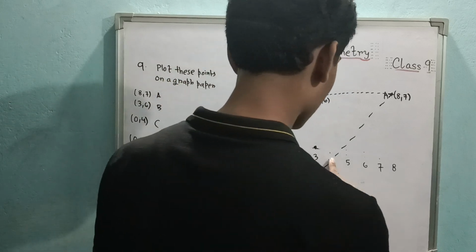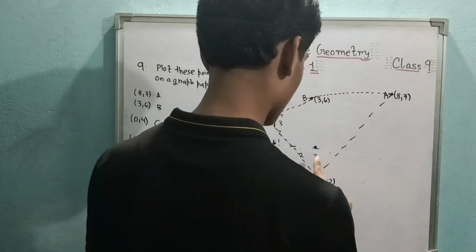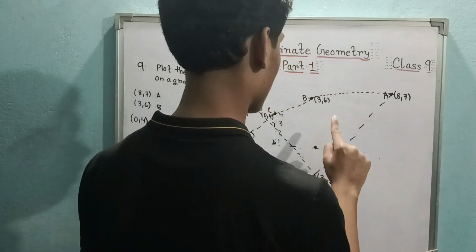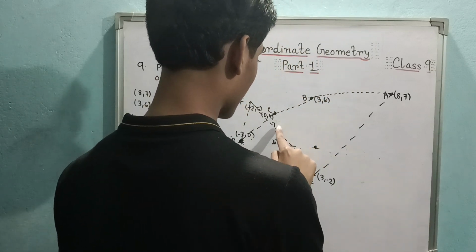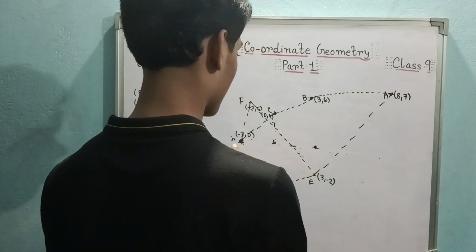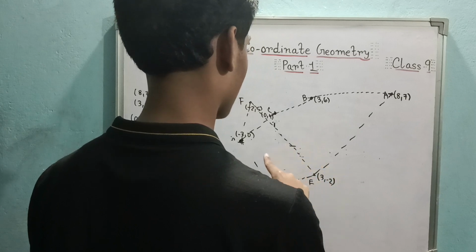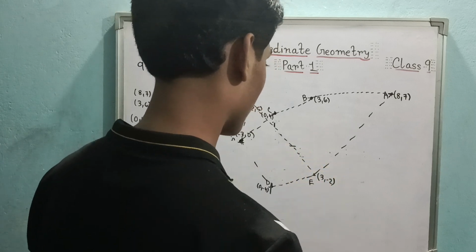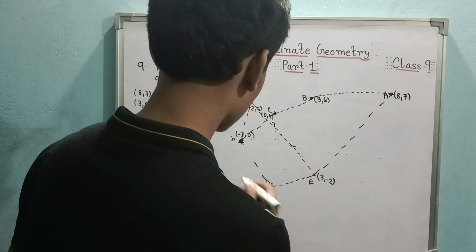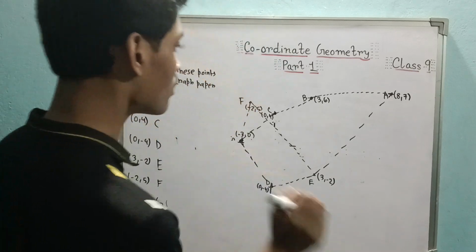Rubbing the points. See, it's hard, right? Okay, so I just rubbed out. So something like this we drew.